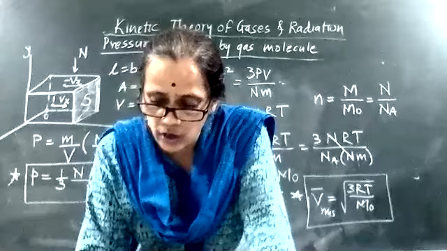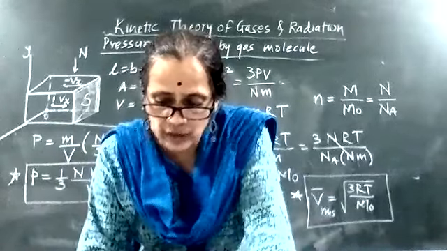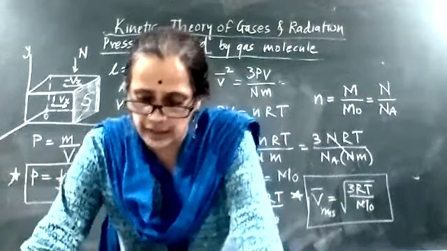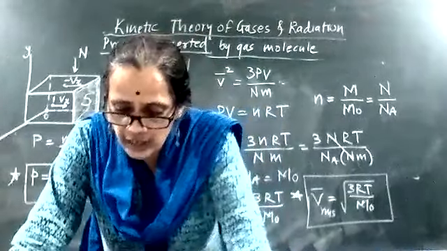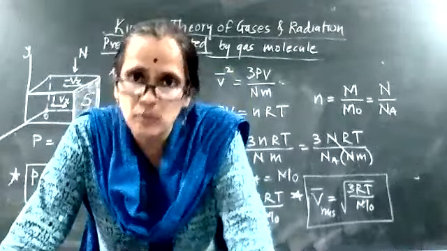Time is what? 2L divided by Vx. So the factor 2 will get cancelled and the Vx1 factor will get multiplied. And therefore we get the average force, which is nothing but equation 3.8. Clear?